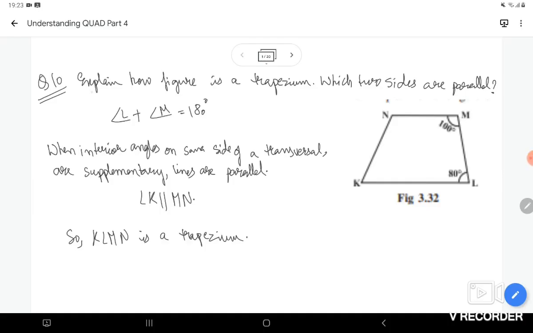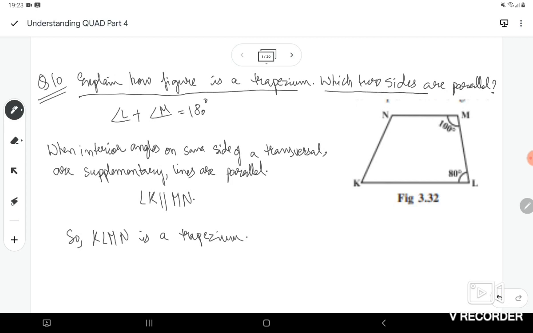Now moving on to the next question. It says explain how this given figure is a trapezium, and which two sides are parallel. Now we are given angle M and angle L as 100 degrees and 80 degrees respectively.